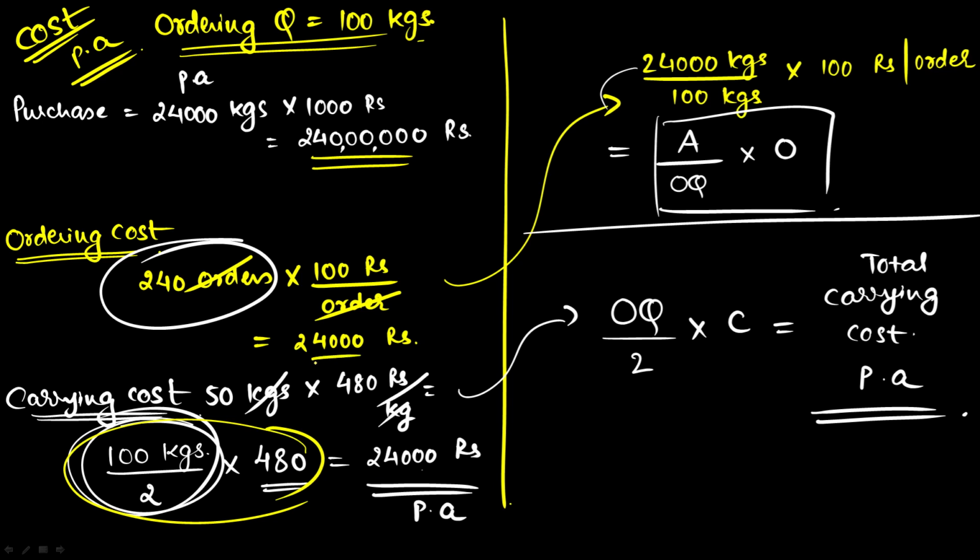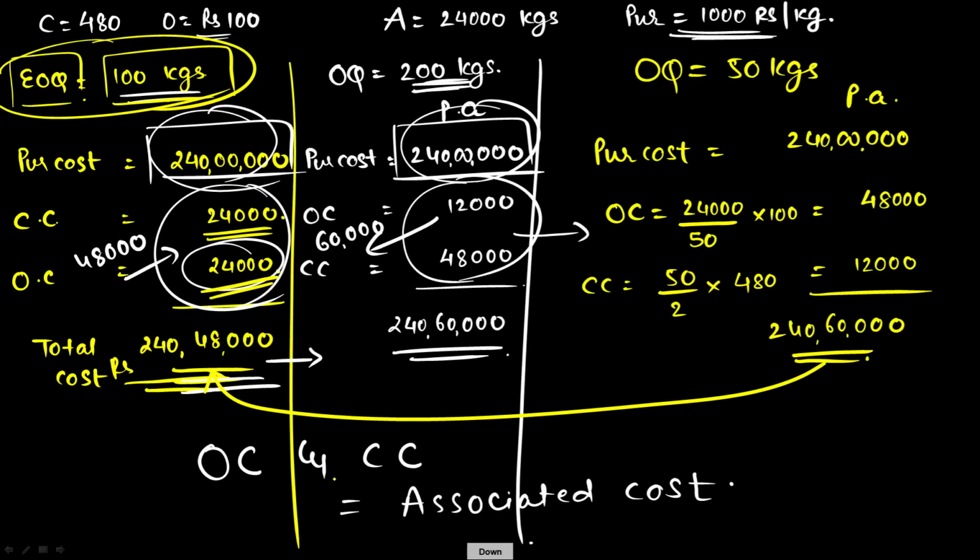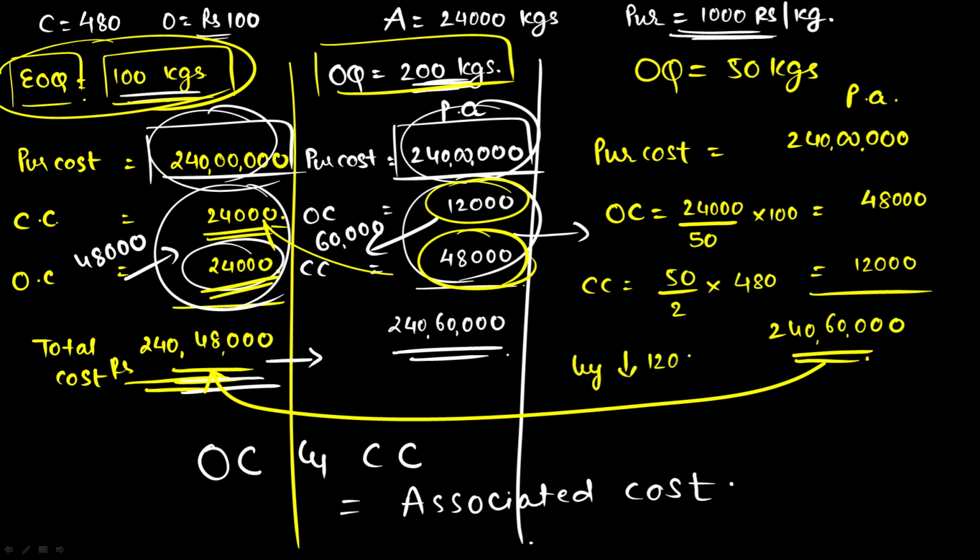Why? I knew that if this is 24,000, this will be 24,000. See what is happening, try to understand. If you increase the quantity, your carrying cost increases. Compare this. It becomes 40, and your ordering cost decreases by 12,000 and carrying cost increases by 24,000. So the increase in cost is more than the reduction in cost.